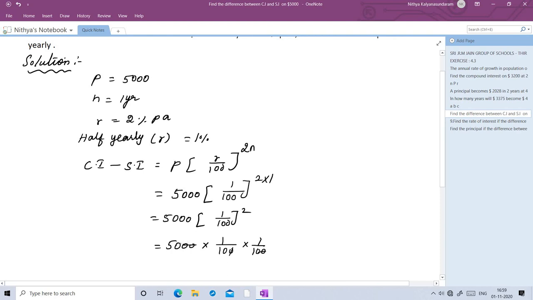Again 1 zero, 1 zero. 5 by 10, so it is 0.5. So the difference between compound interest and simple interest is rupees 0.50.